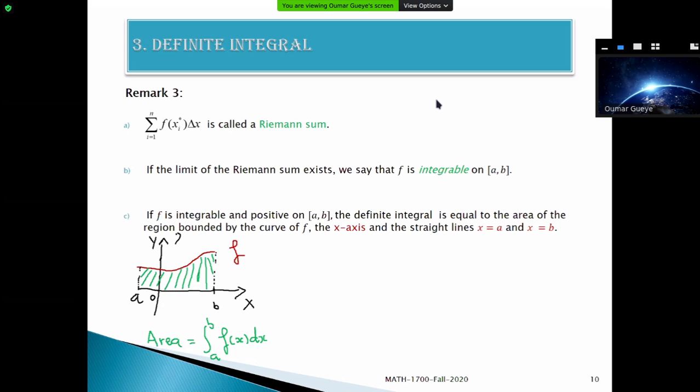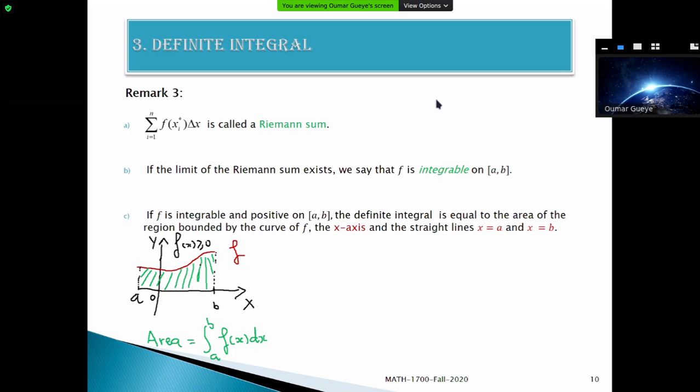So in this case, f of x is greater than 0 over the interval AB. That's exactly the meaning of what I said here in remark C.